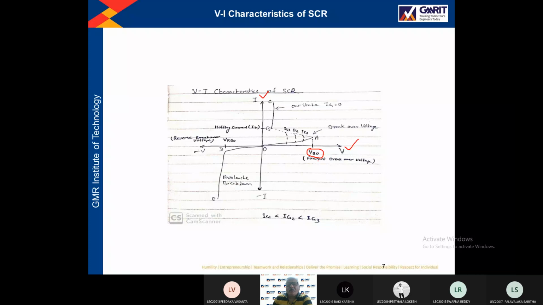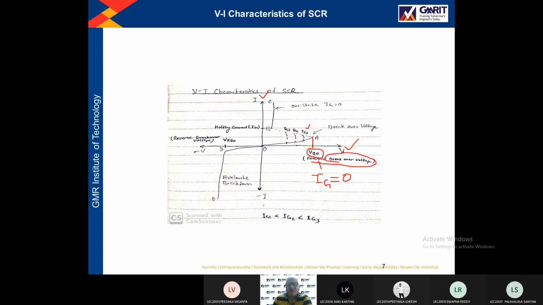Now here you see this VBO. First we made the gate current 0. We have not applied any voltage at the gate terminal. So at this voltage, the SCR will suddenly turn on. This voltage is called the breakover voltage. But here you see IG1. If you apply some voltage at the gate terminal, then gate current will flow.